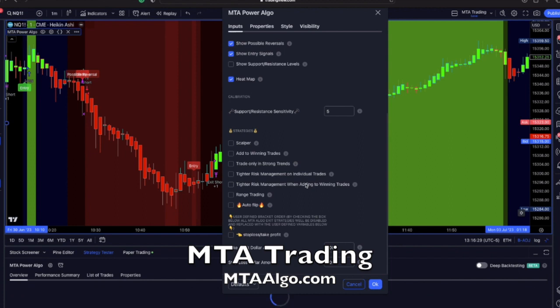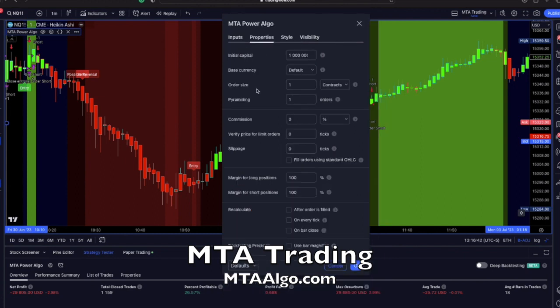Okay, and you can see how the number down here doesn't change. Why is that? Because you're not going to be adding to winning positions unless you have add to winning trades turned on. Okay, then you go into properties and adjust the pyramiding until you see that it works. It's important to note that not all of these will work on everything.